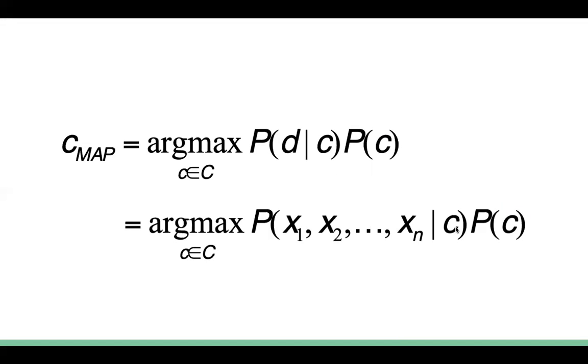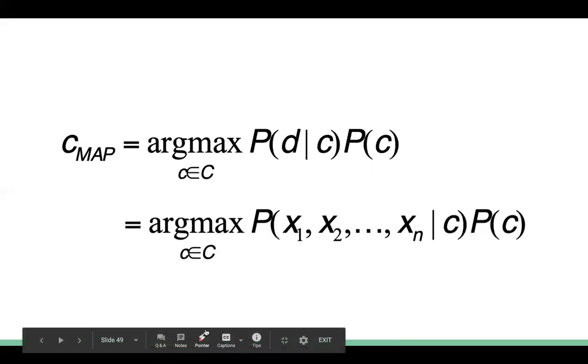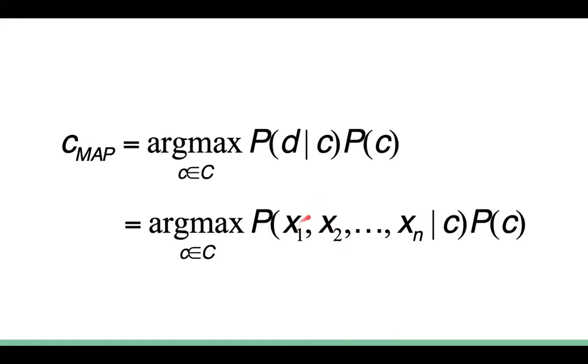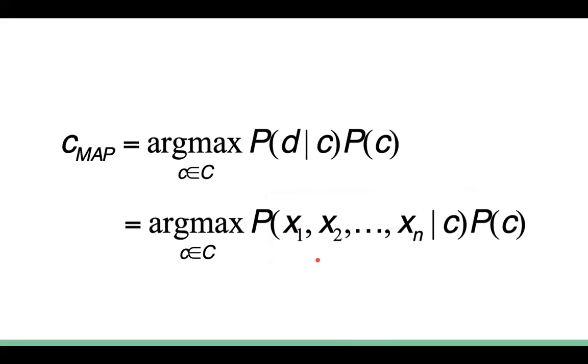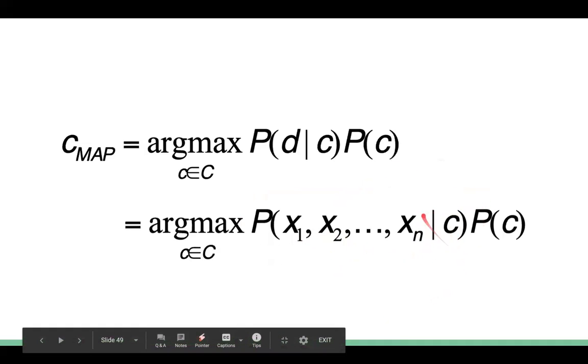C is that the team will win. This term indicates: given that the team will win, what will be the probability of this feature? Similarly, given the team is actually winning, what is the probability of this other feature? So this term tells us how each and every feature in our data set is contributing towards the winning of the team. That's what we are trying to figure out here.